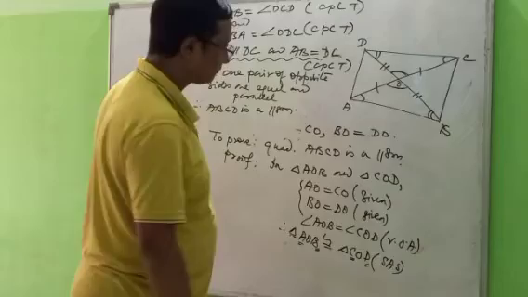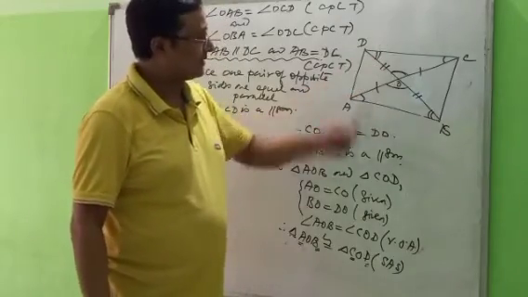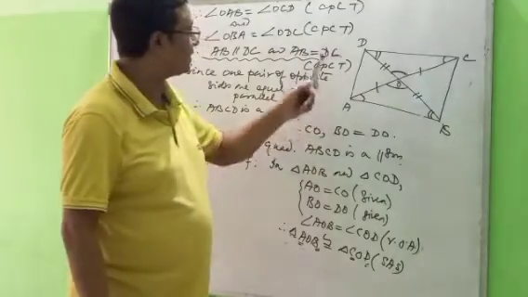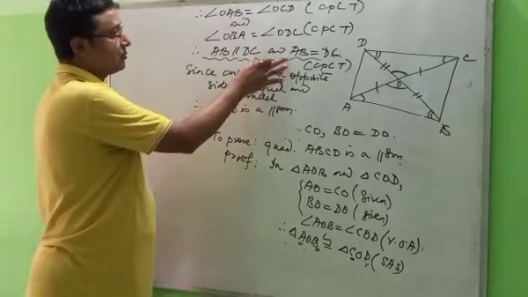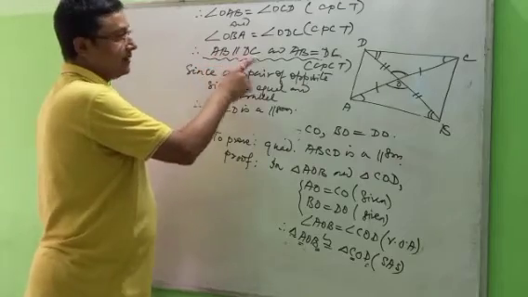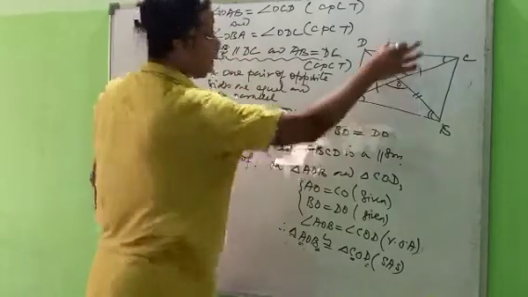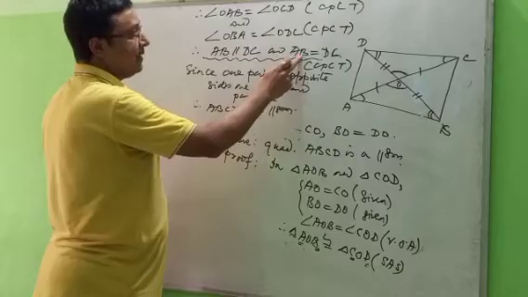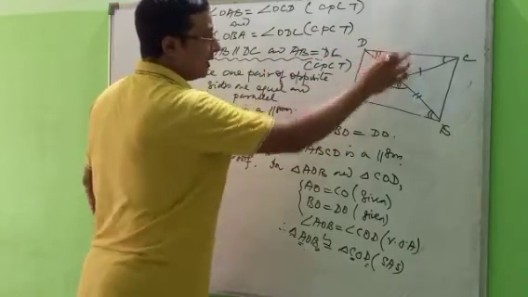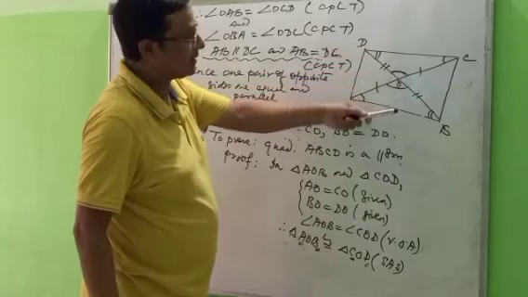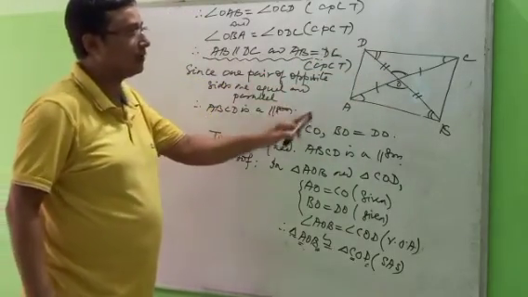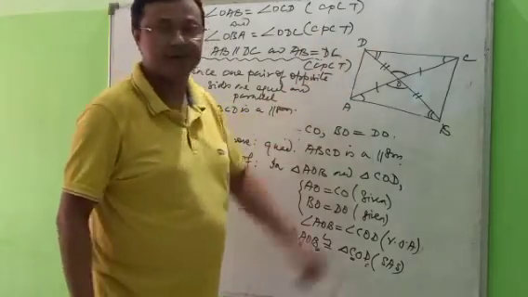Last one, if at least one pair of opposite sides is equal as well as parallel, as you have just now proved: AB is parallel to DC and AB equals DC. That means one pair of opposite sides is equal as well as parallel. In that case also the quadrilateral will be called a parallelogram.